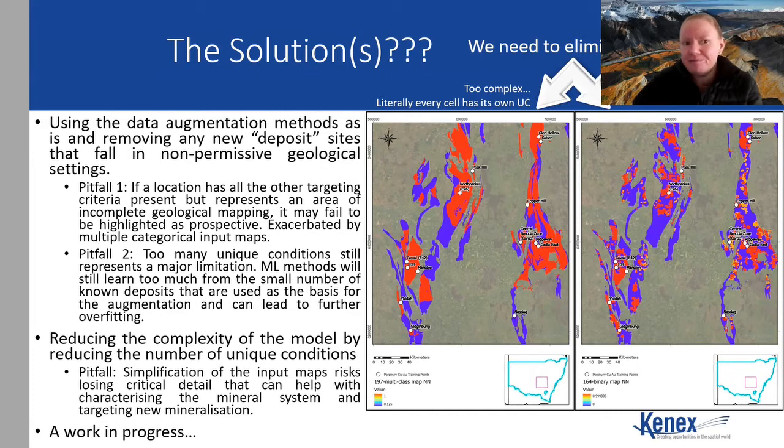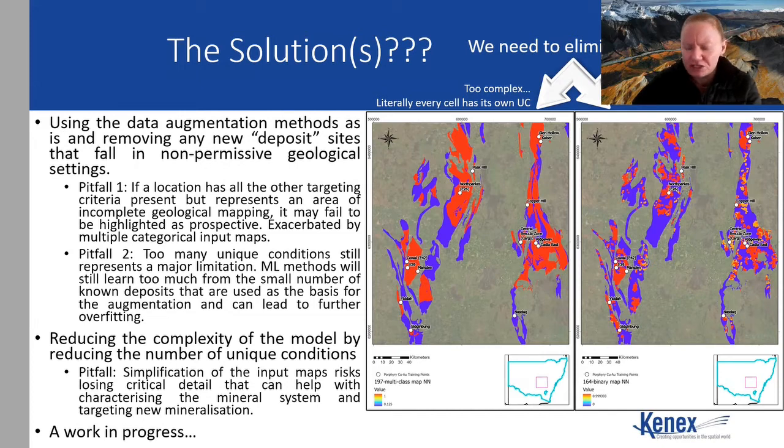There are a few pixels in the entire study area that have a lower prospectivity value, but it's essentially useless for exploration targeting, because about 50% of the study area is coming up as prospective and it's not actually useful. The model on the right is slightly better, but you can see there is still very little variation in the prospectivity values across the study area. So it's better, but it's still too complex.